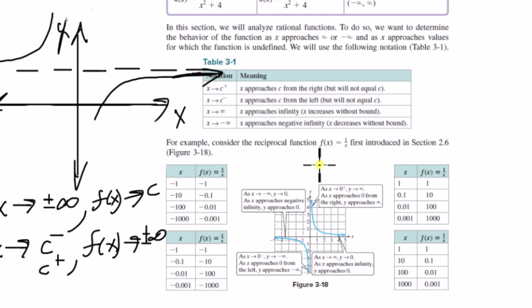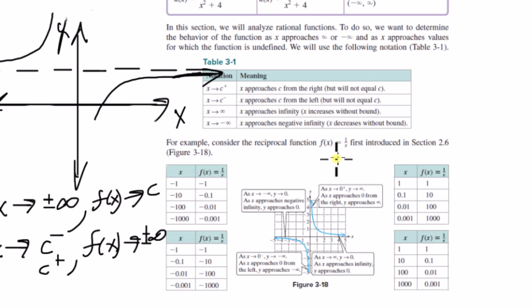And since 1 is always just 1, then we can see that the vertical line x is equal to 0 is going to be a vertical asymptote, because as x approaches 0, gets really close to 0 from the left or the right, you're going to have 1 divided by an extremely small number. That's infinity.